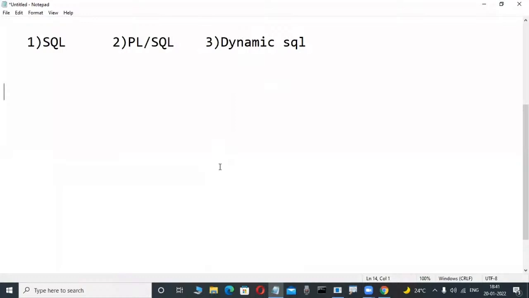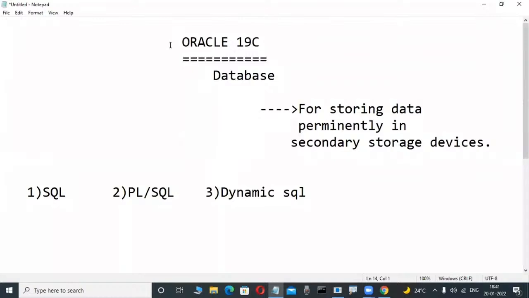SQL is an ANSI standard language, conceptually the same in every database. What is a table, what is a procedure, what is a view, what are joins, subqueries, and integrity constraints: the same. But syntactically totally different, and functions are also totally different. That's why in our class we are learning the Oracle SQL language.